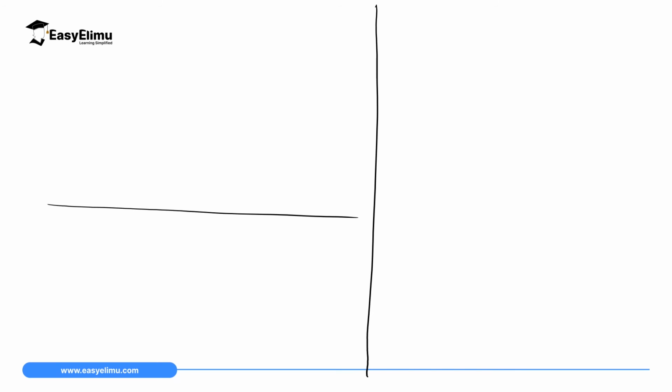So, from what we have just seen, we can conclude that if we have any substance on the Earth's surface, this is the Earth's surface, and you have a boy here, this boy is experiencing atmospheric pressure.